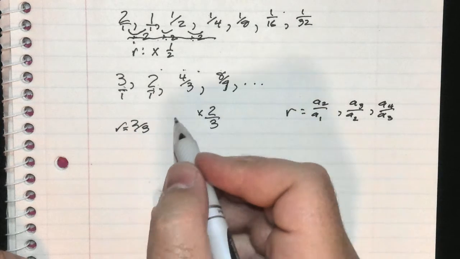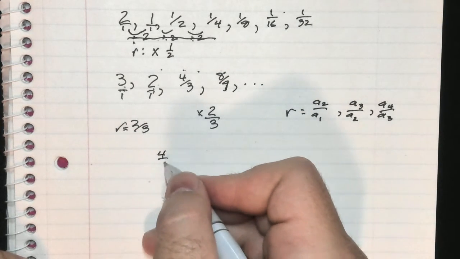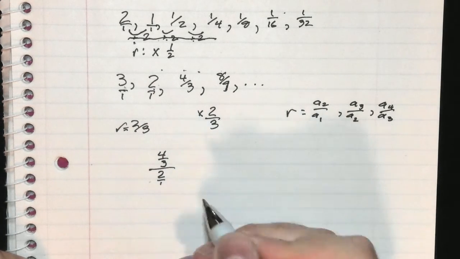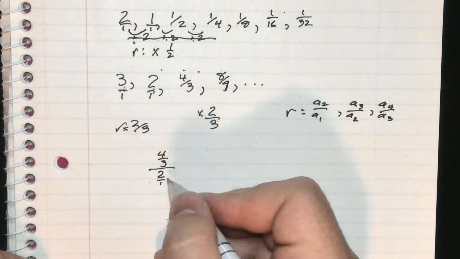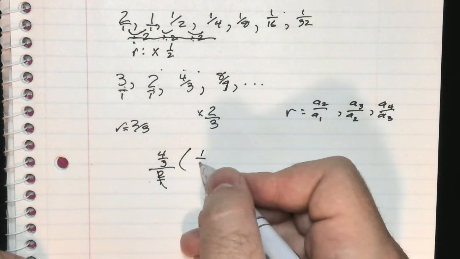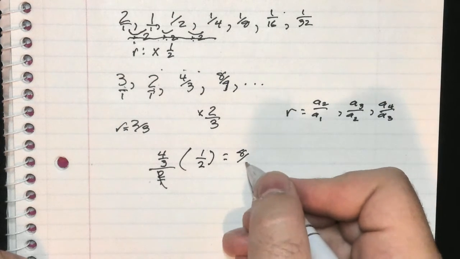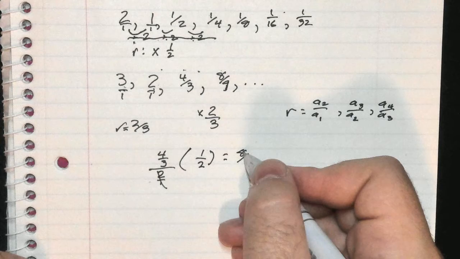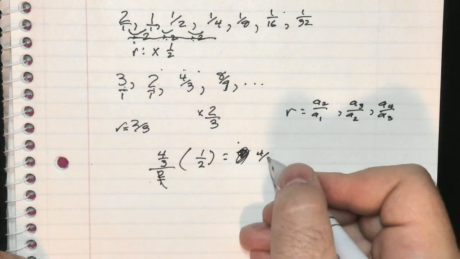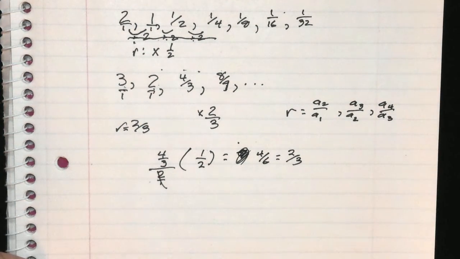Or if I looked at these two, I could have done 4/3 divided by 2. Then remember, we don't divide fractions, we multiply by the reciprocal. So I would multiply by 1/2. And that's where I would get 4 over 6, which also reduces to 2 over 3.